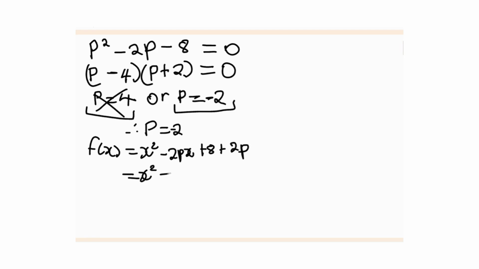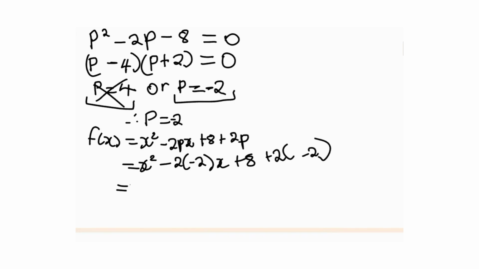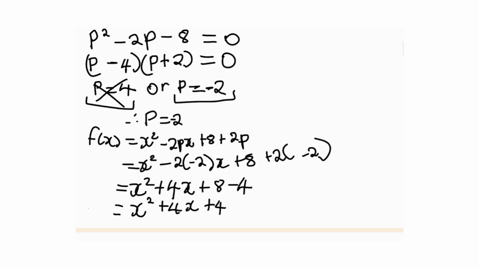Substituting my p, I have x squared minus 2(negative 2)x plus 8 plus 2 times negative 2. And now I'm left with x squared plus 4x plus 8 minus, not minus 2 but minus 4, because positive 2 times negative 2 is negative 4. Now my quadratic is x squared plus 4x plus 8 minus 4, plus 4. That is my f(x).